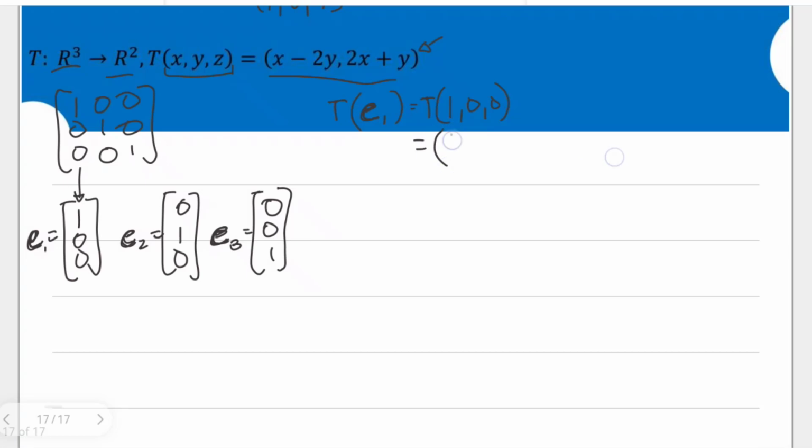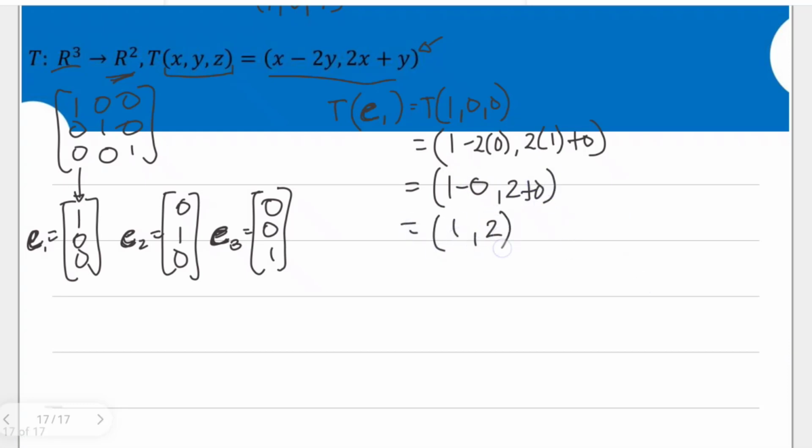So you have x, that's 1 minus 2 times 0, and then 2 times 1 plus 0. The first result should be in R2 because that's our codomain. Step by step, 1 minus 0 and 2 plus 0, so we have 1 and 2.